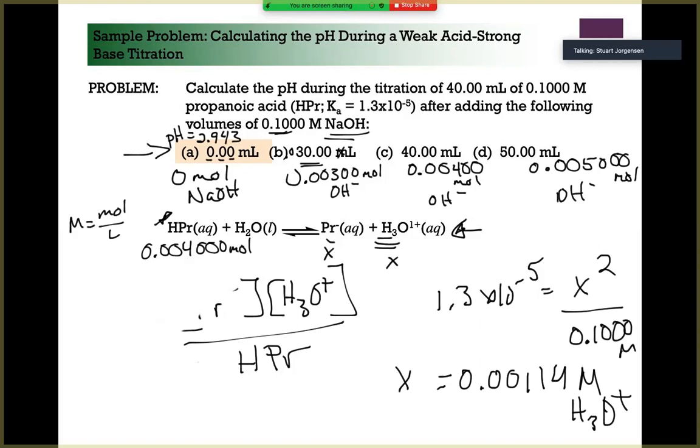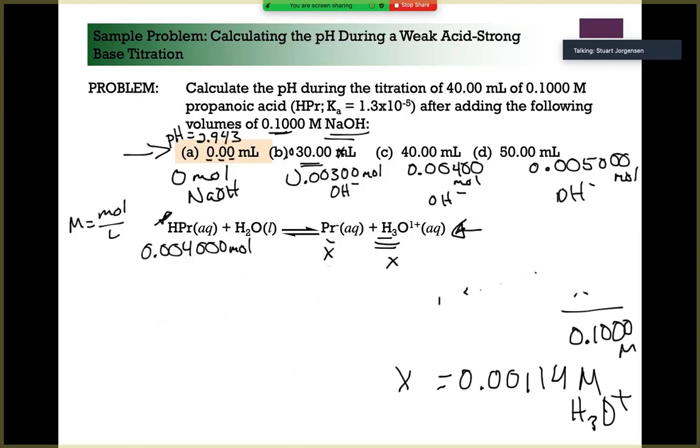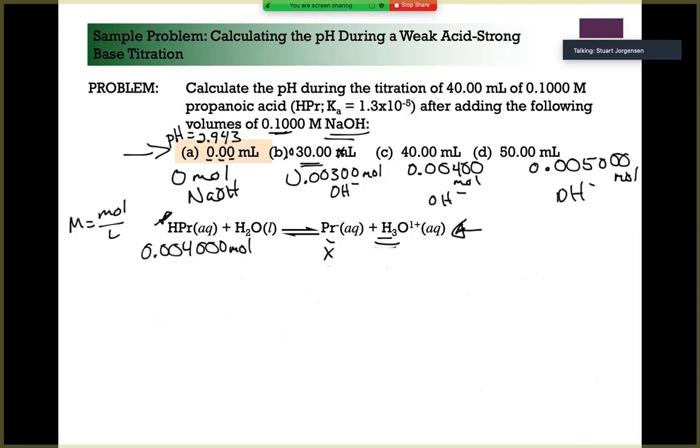But now we got ahead of ourselves here a little bit. We started doing all this mole business. Now we have to take into account the fact that we're adding some base. We add some base to this equilibrium, and that's going to neutralize. So I'm looking at part B now. I'm going to use up 0.003000 moles of my acid, right? It's going to get neutralized by this base.